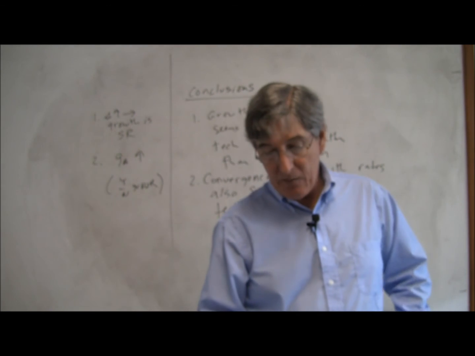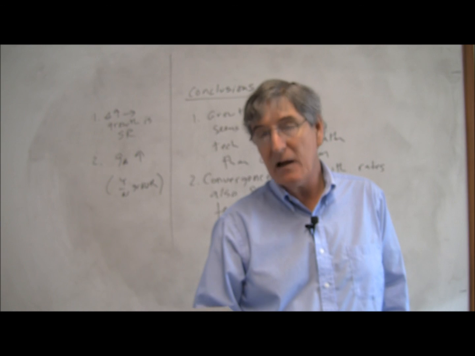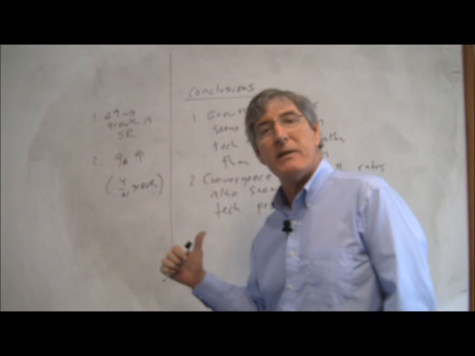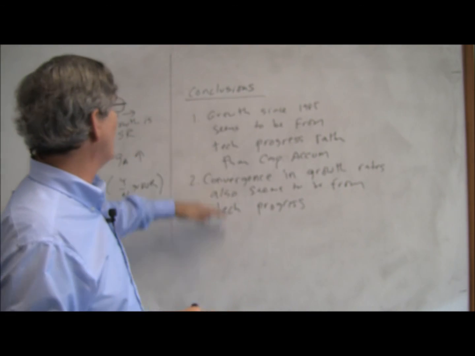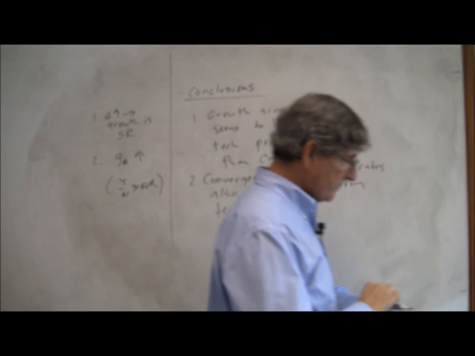France, Japan, and UK were all behind the US in '85. They all had faster rates of technological progress, and that allowed them to catch up. If you don't remember the catch up, go back and look at the table we put on the board, and it's in the book too, from chapter 10.